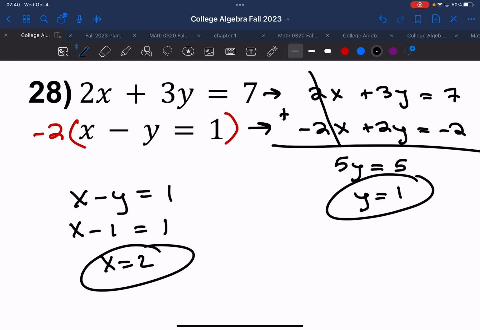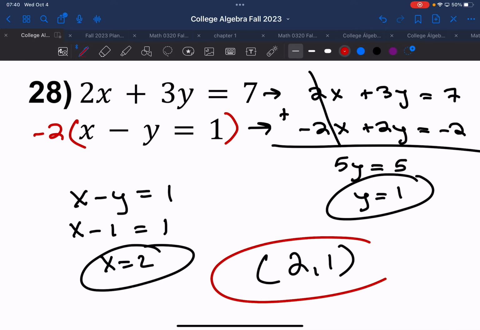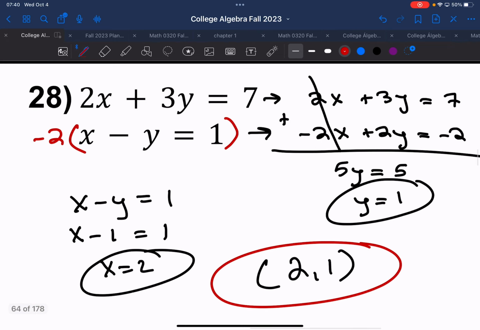That means this has one solution at the point (2, 1). And yes, I agree. Elimination is so much easier than all three methods, in my opinion too. Like I said, on this upcoming test is where I'm going to ask to see if you understand all three concepts.